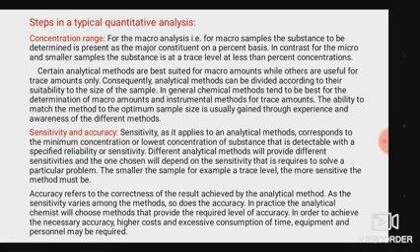As the sensitivity varies among the methods, so does the accuracy. In practice, the analytical chemist will choose a method that provides the required level of accuracy. So what type of method is there, what type of accuracy is there? If you are going to analyze a small sample size, then you require more accuracy and a more sensitive method. In order to achieve the necessary accuracy, higher costs and expensive consumption of time, equipment, and personnel may be required.